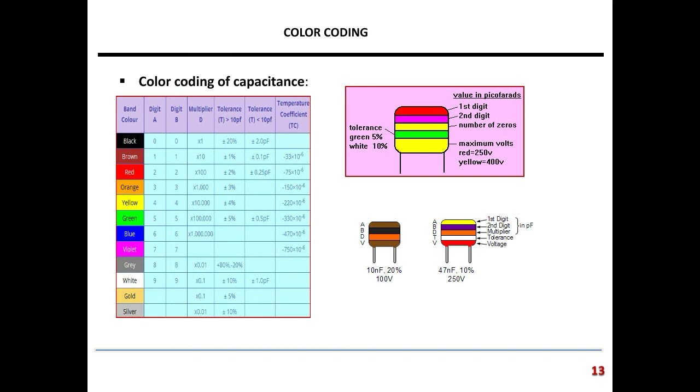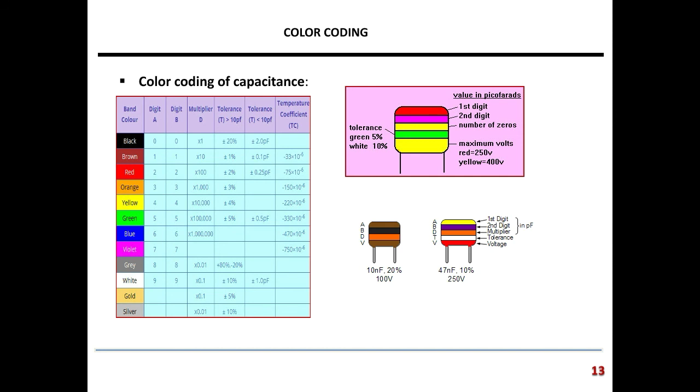Black, brown, red, orange, yellow, green, blue, violet, gray, white, gold, silver. According to these, the A digit value table is given, the B digit value table is given, and the multiplier value is also given, and the tolerance values for greater than 10 picofarads and less than 10 picofarads have been given. According to this we can calculate the capacitance value.